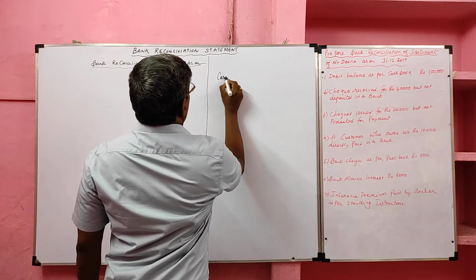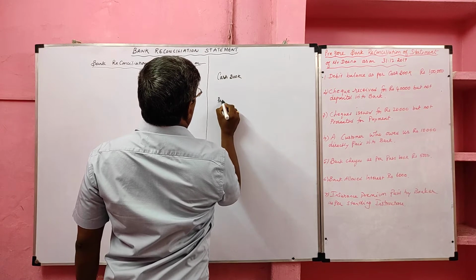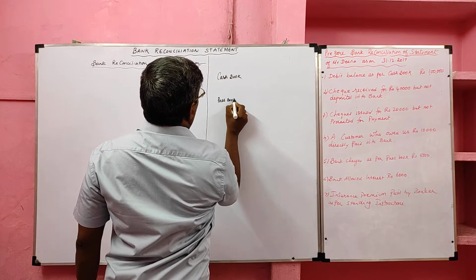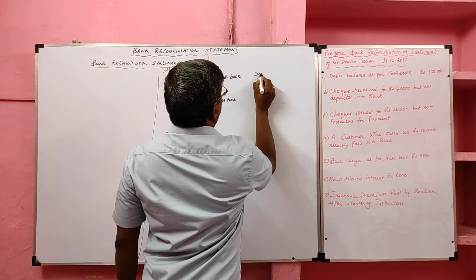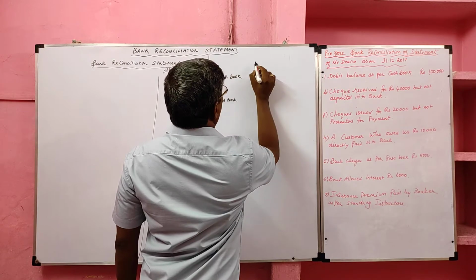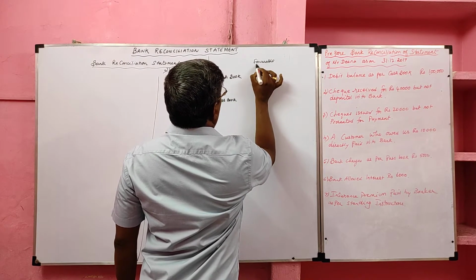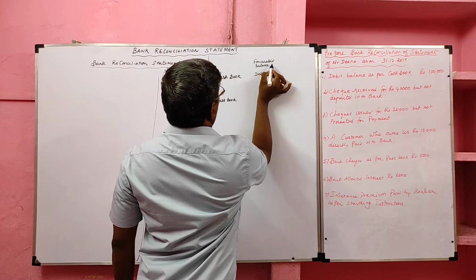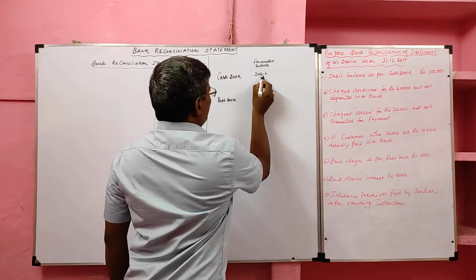There are two books, cash book and passbook. Cash book always shows a debit balance, that we call a favorable balance.